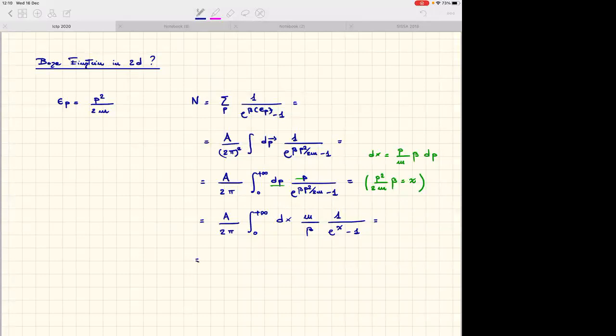So this is equal to A over 2 pi times m over beta times the integral between 0 and plus infinity dx of 1 over e to the x minus 1.